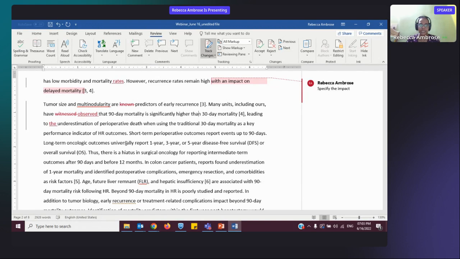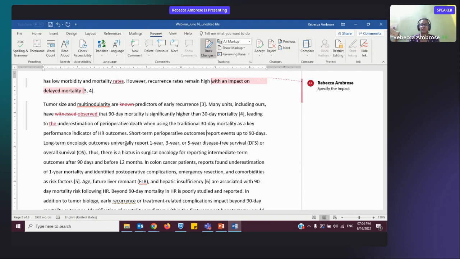I think this is fine. Over here, I added an article because they're specific about what is being underestimated. It's not mortality later; it's perioperative mortality. So, since we're being very specific, I've added the article over here.